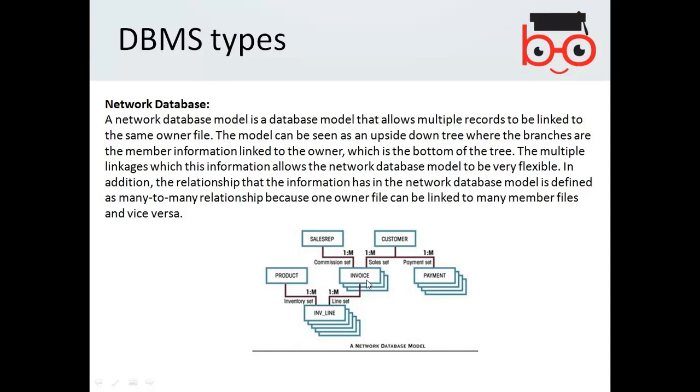An invoice is connected with many customers or many payments and many invoice lines, and one product can have many invoice lines, and so on. So it's a kind of one to many or many to many relationship occurring in the network databases.